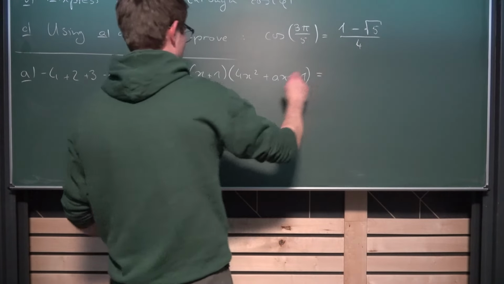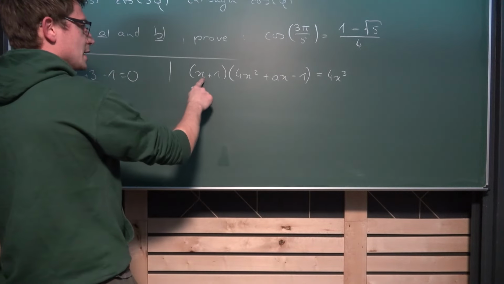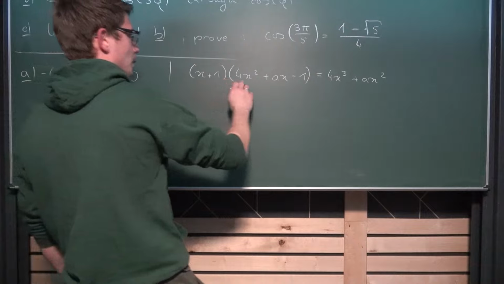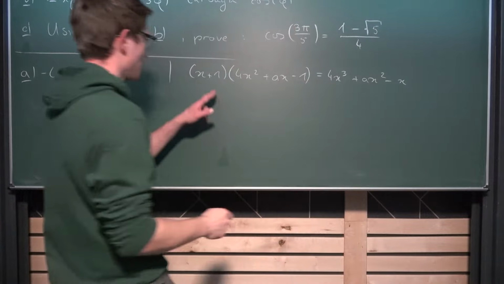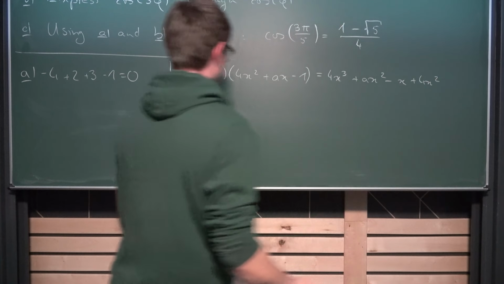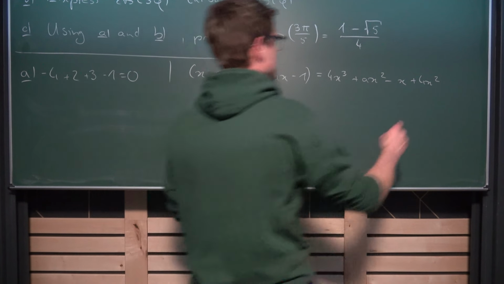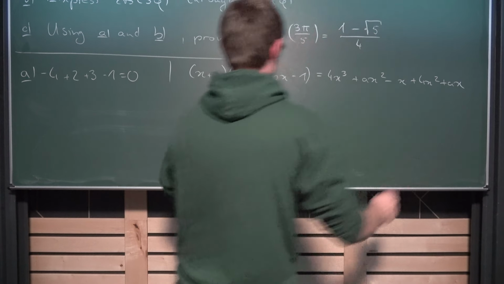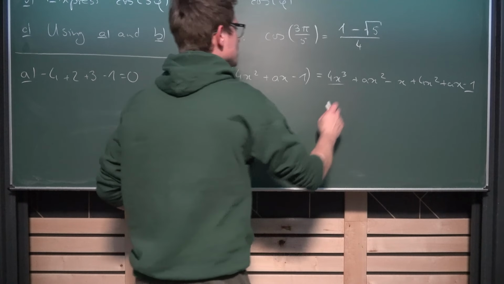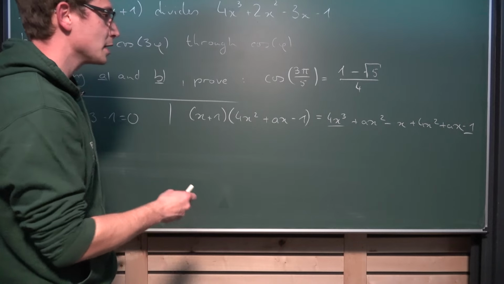Okay, if we multiply everything out, we get 4x cubed, so that does fit. Then plus ax squared minus x plus 4x squared, then plus ax. And then minus 1. So this fits and this fits.